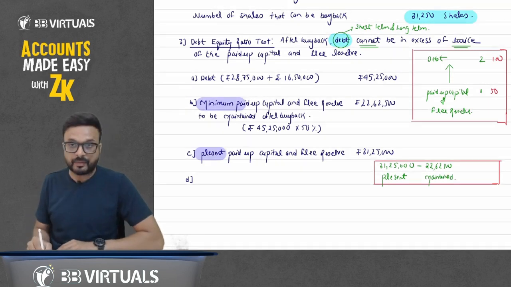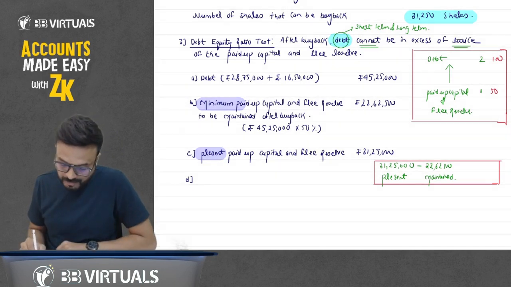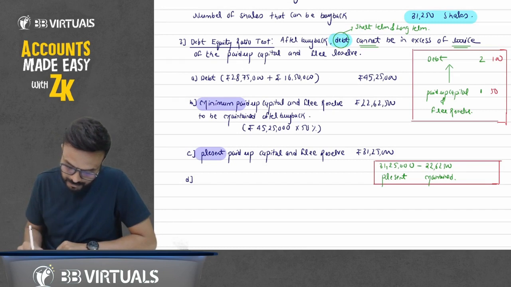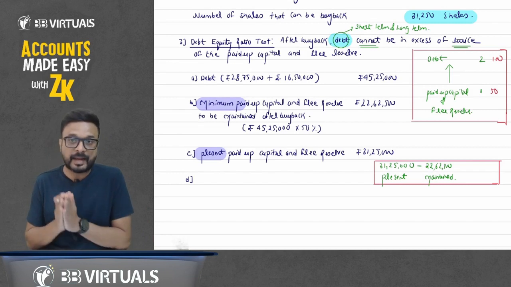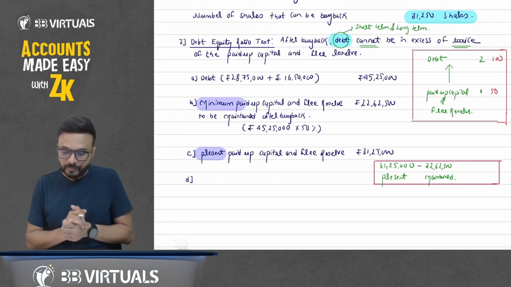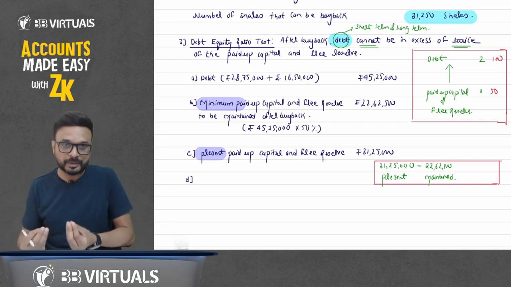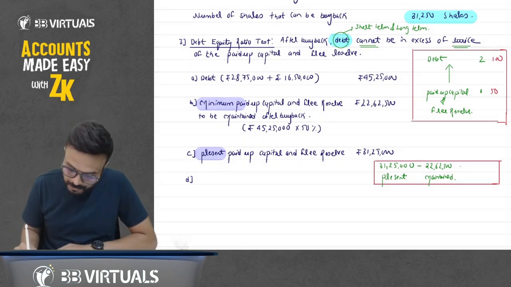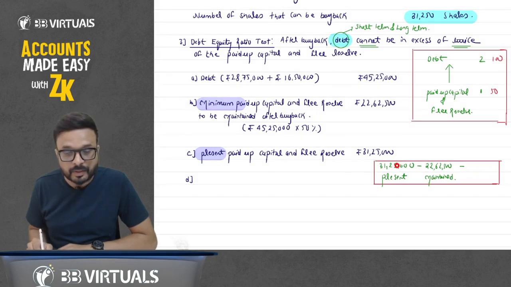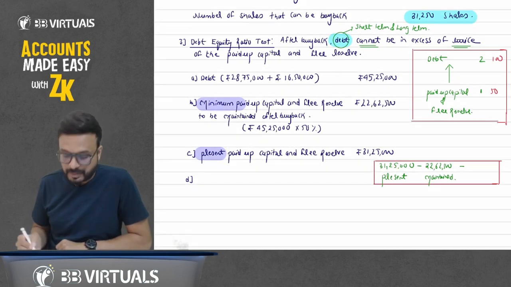So we have 31,25,000 now, and after buyback 22,62,500 should be maintained. So you may say, sir, if we deduct 22,62,500 from 31,25,000, then the remaining can be utilized for the purpose of buyback. Yes, but there is one point there. This amount is the present amount, and how much should be maintained? 22,62,500.